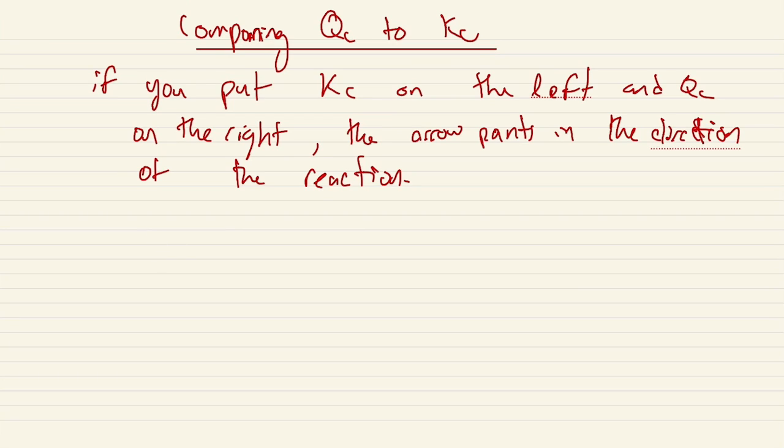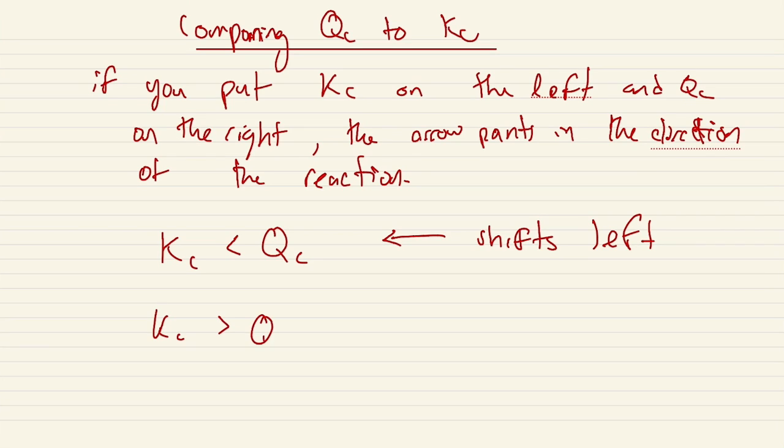Right, so if we put KC is less than QC, the reaction shifts left. And then KC greater than QC, the reaction shifts right. So if we look at the direction of the inequality sign, it tells you, if you put it in this order, which direction the reaction is going to shift. So if you want a quick way to do that, you just always put KC on the left.